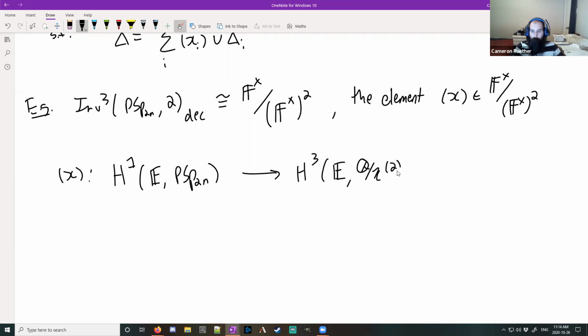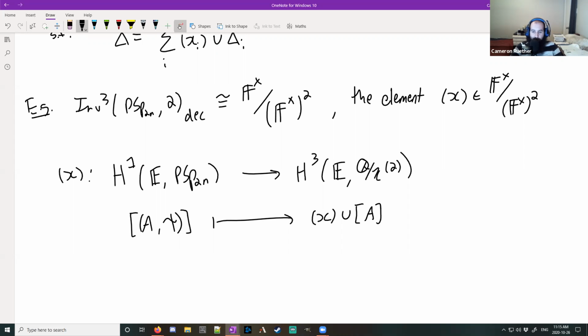Again, these are classes of central simple algebras over E with symplectic involution. And it just sends it to x cup the class of A in the Brauer group. And this is generally how the decomposable invariants for groups appearing in this talk will look. They depend on these field elements, and they build things out of cup products like this.